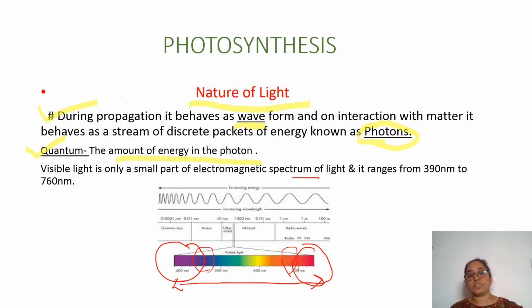So visible light is only a small part of the electromagnetic spectrum. Mainly you have to remember that 390 nanometer to 760 nanometer is the visible range.